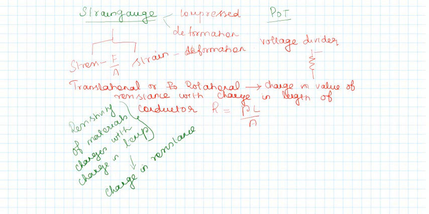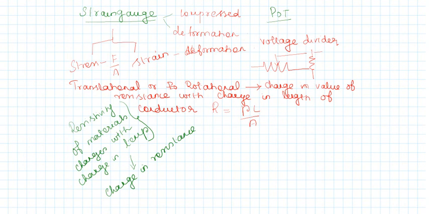In the previous diagram I indicated this line, which they call the sliding contact. Whenever the sliding contact or wiper varies, there will be a change in resistance.